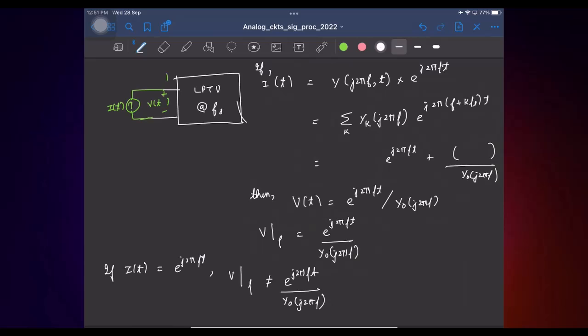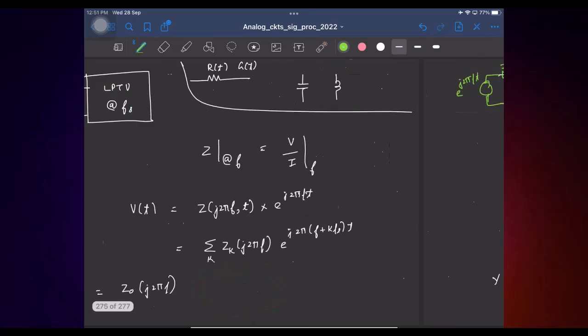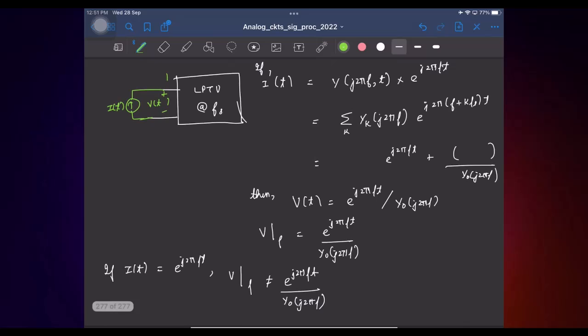Fine. But in the earlier experiment, we applied a current e^(j2πft), and we found that the voltage at f was basically Z0 times e^(j2πft), right? But we know that if you do this experiment, we already saw the voltage at f is Z0 of j2πf times this.